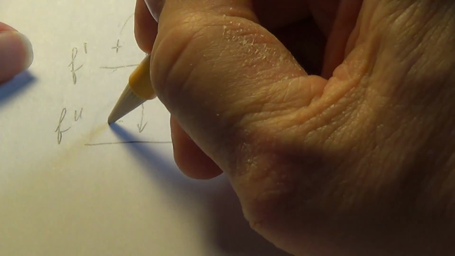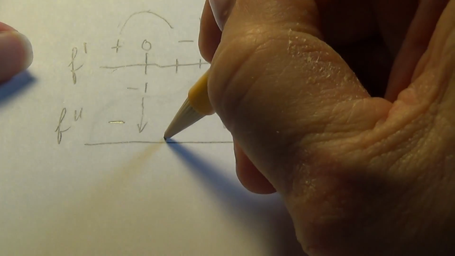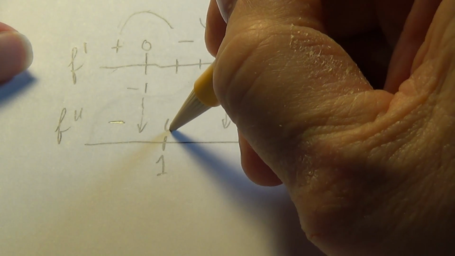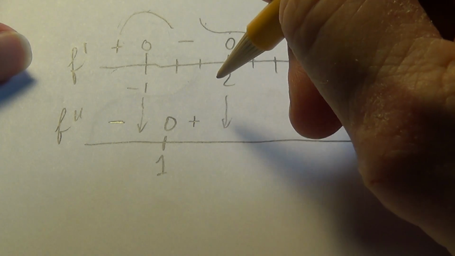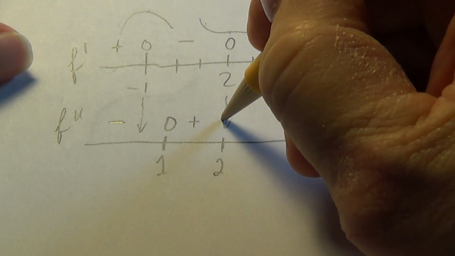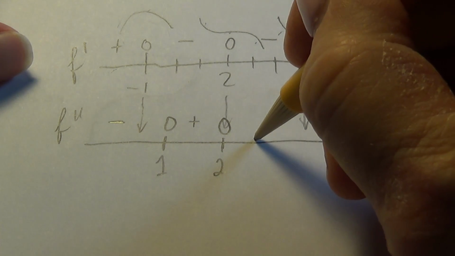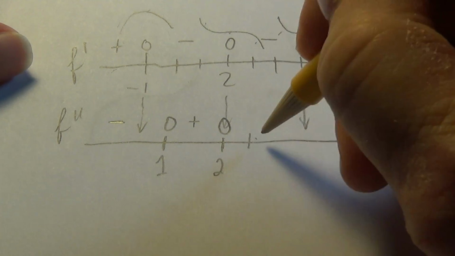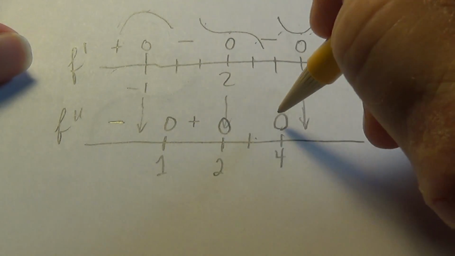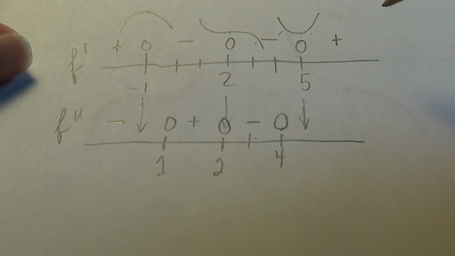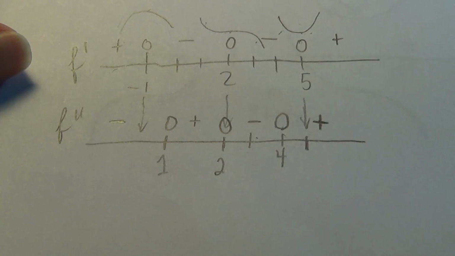So on this side we have a negative second derivative, and then at 1 we have a 0 second derivative, then we have a positive, then at 2 we have another 0 second derivative, then at 2, 3, 4 we have another 0 second derivative, and in between these two it's negative, and at 5 we have a positive second derivative.